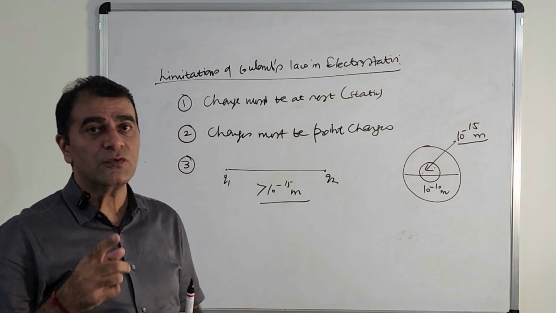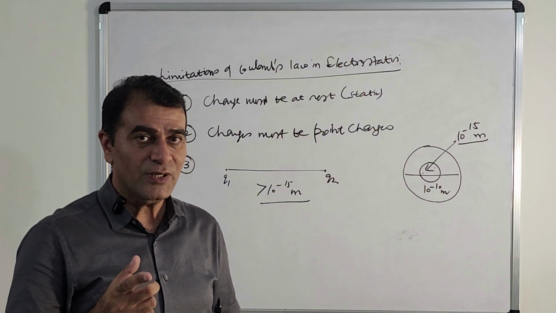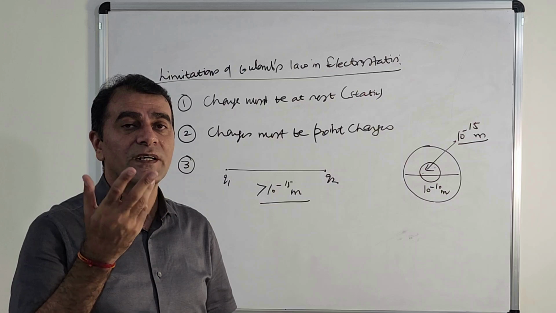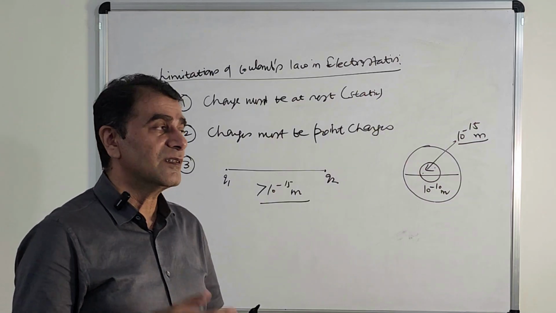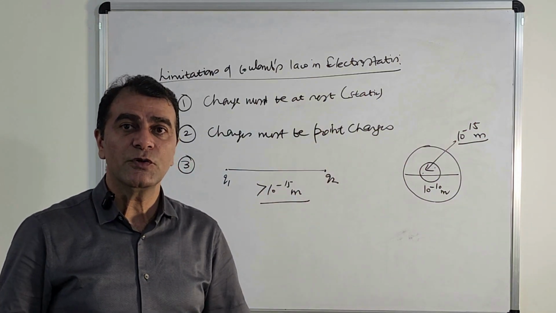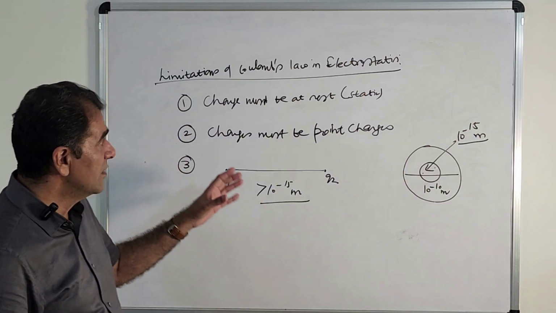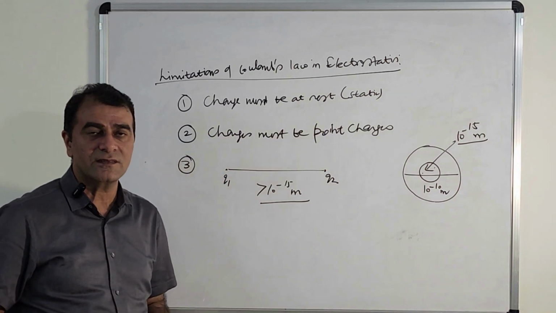And inside the nucleus, which force is predominant? Nuclear force. But we have to find the electrostatic force. It will not be determined, because it is very small compared to the nuclear force. So these three are the limitations of Coulomb's law in electrostatics.